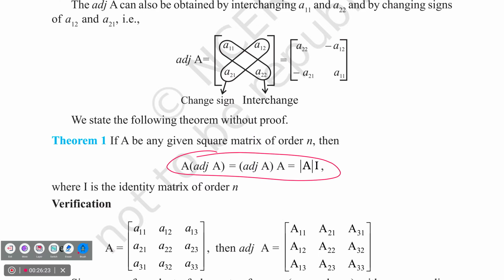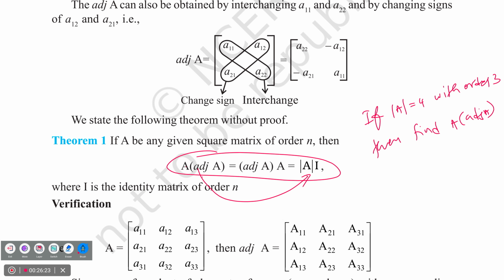Sometimes they will ask you to find this. If the determinant is 4 and the order is 3, then find A into adjoint A. Matrix A is not given. How will you find it then? This formula you can use: A into adjoint of A equals determinant of A into I.